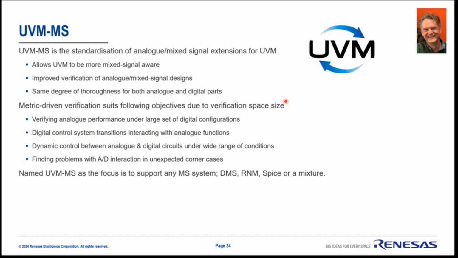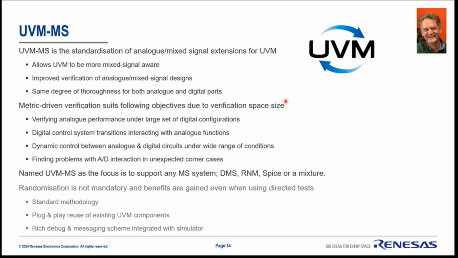It's called UVM mixed signal rather than UVM-AMS because it supports any mixed signal system: DMS, real number modeling, SPICE, or a mixture thereof. Randomization isn't mandatory in this system, and you get benefits even when you don't use it, because you have a standard methodology and plug and play reuse of the existing UVM components.